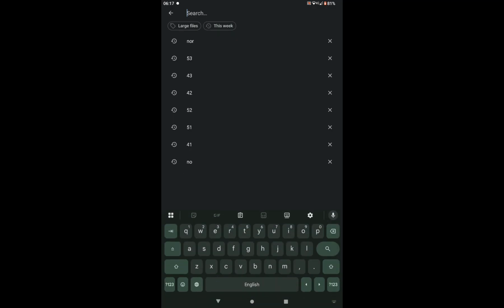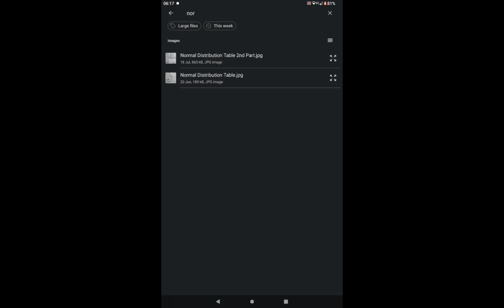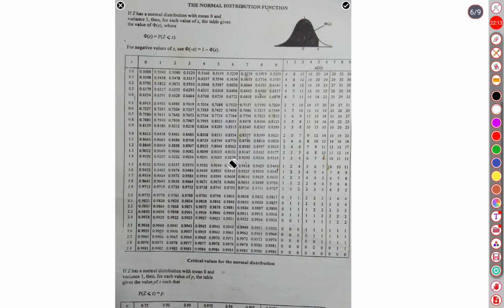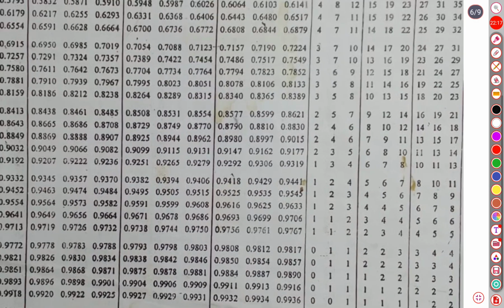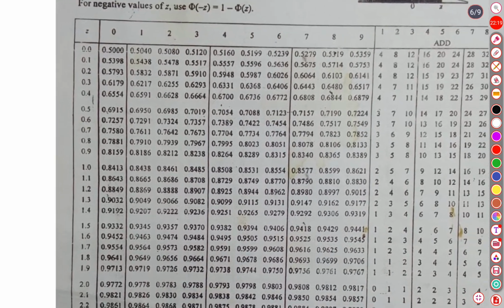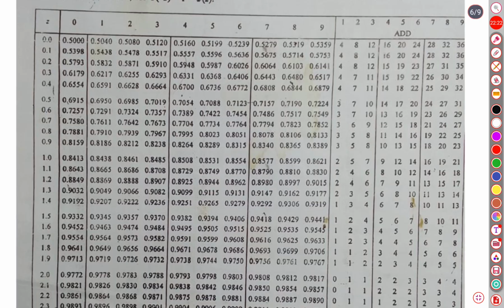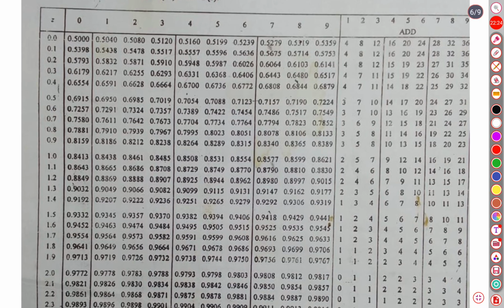Normal distribution table. Yes, we have not forgotten that our probability was 0.7056. So we will try to reach the closest quantity. Here, look at this, 0.7055 is over here.